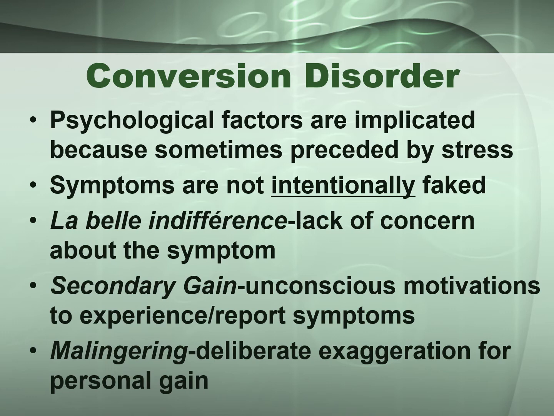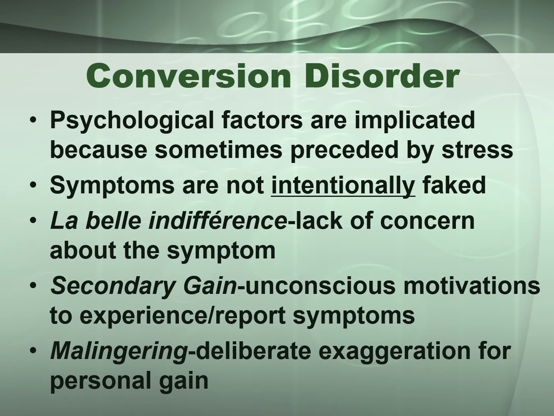People are coming by and helping. The secondary gain could create an unconscious motivation to continue or exacerbate a symptom. This is different from malingering, where the individual is deliberately exaggerating their symptom for personal gain. So we want to figure out, are we seeing malingering, secondary gain, or labile indifference?